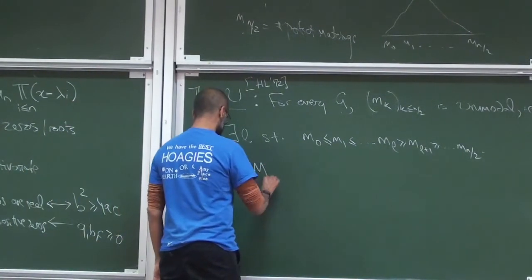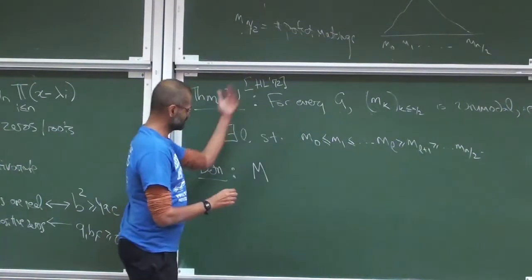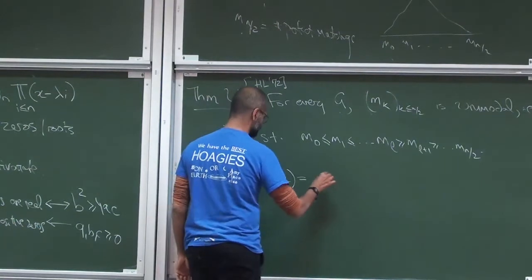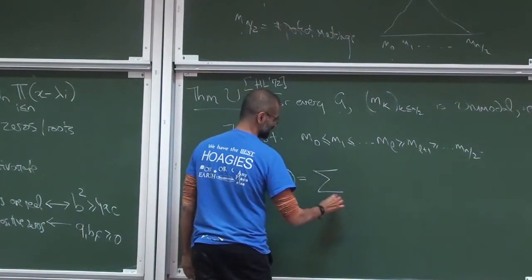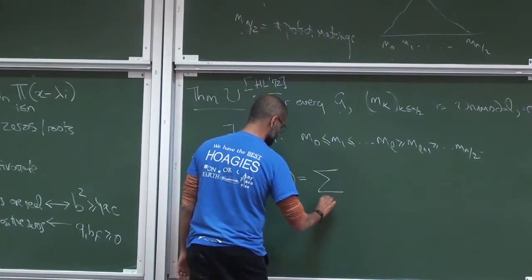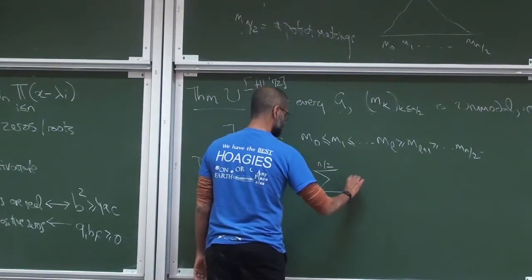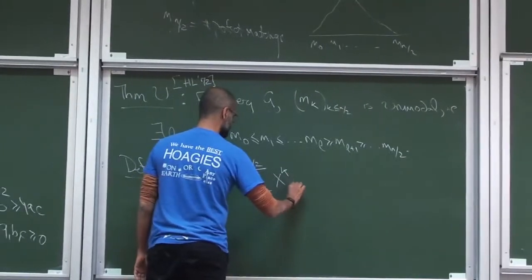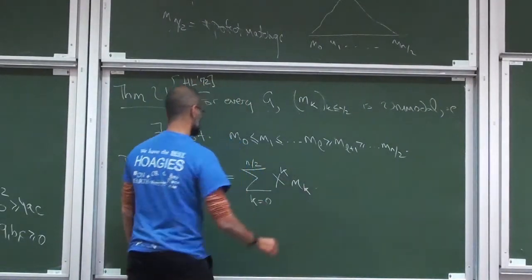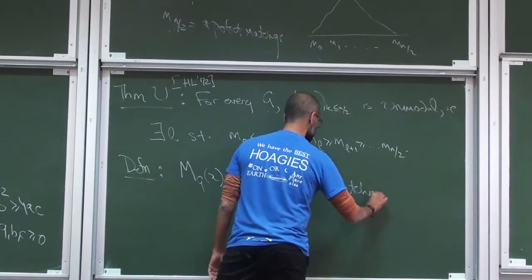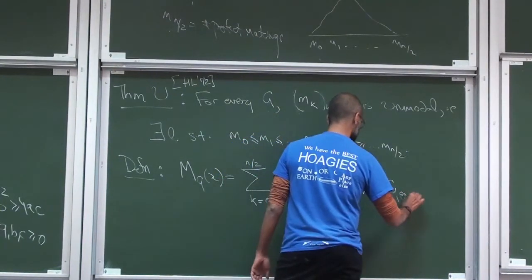So you fix a graph G, and define M_G(x) to be the univariate polynomial whose coefficients are just the matching numbers M_k. I have k going from 0 to n over 2, and I'm just going to have M_k x^k. I'm going to call this the matching generating function.